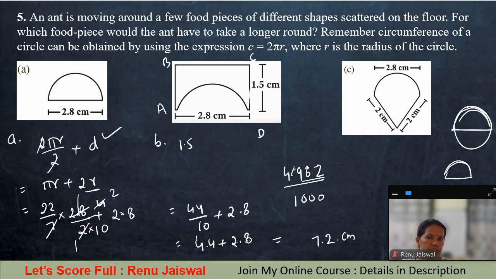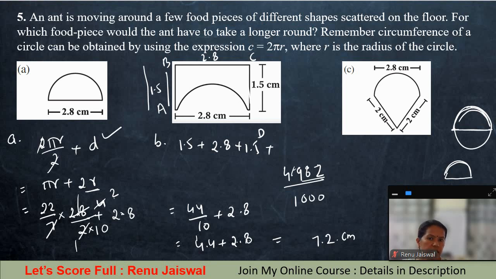If this is 1.5, CD is also 1.5. Then BC is equal to AD and AD they have given 2.8. So I got 1.5, I got 2.8, and then CD, which is 1.5. Border means AB, then BC we got, CD again we got.